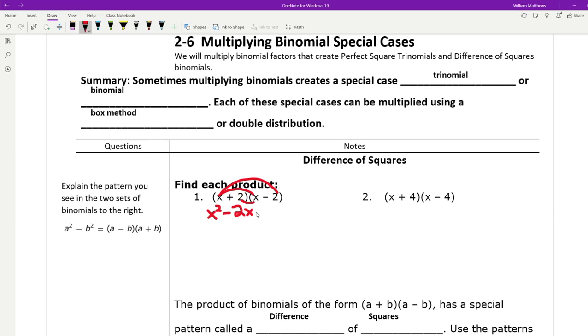My inside terms, which gives me a positive 2x. And then my last terms, which will give me a -4.